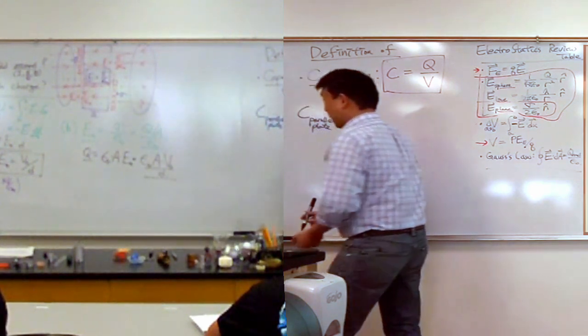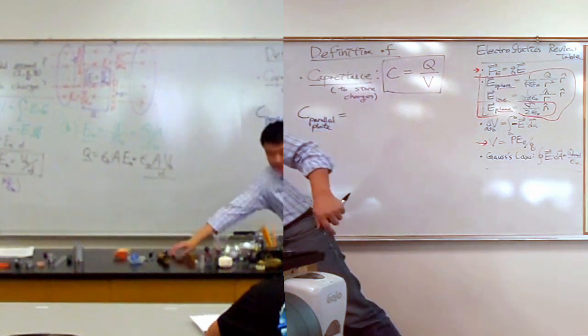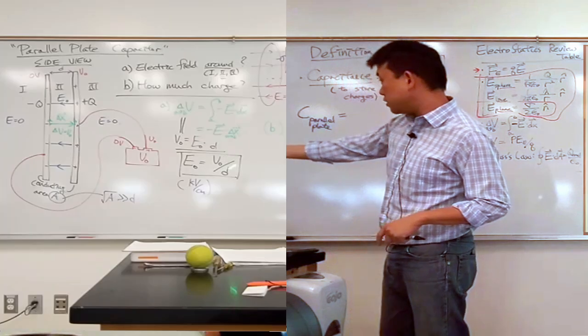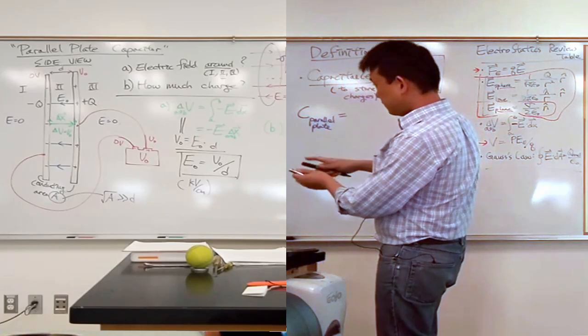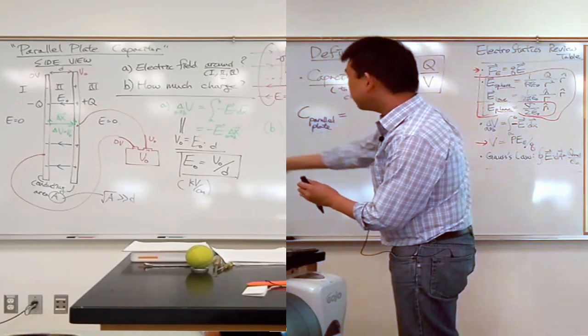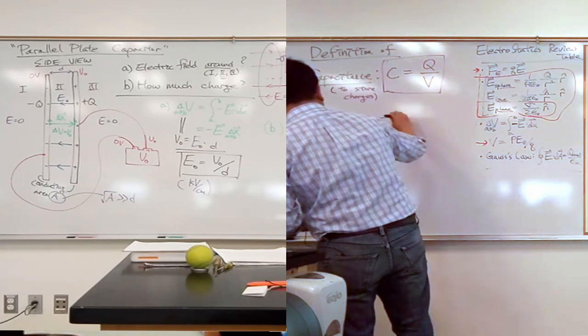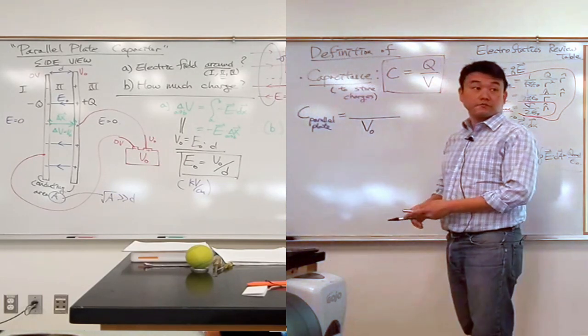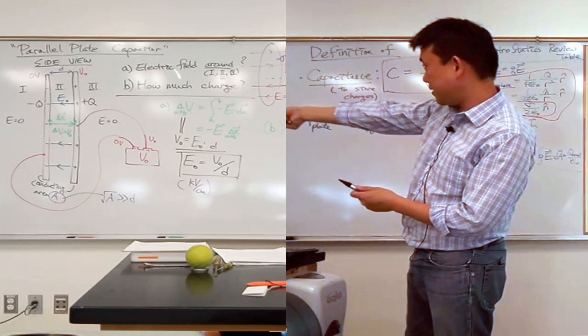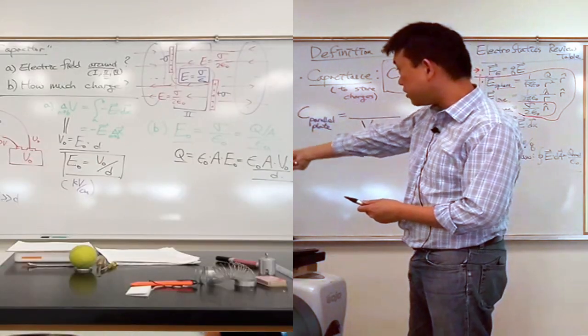In this setup, we started out by specifying how much voltage there is. So we are going to divide by voltage. And for the amount of charge, we derived it here. That was question B. So let's just use this charge and see what we get.